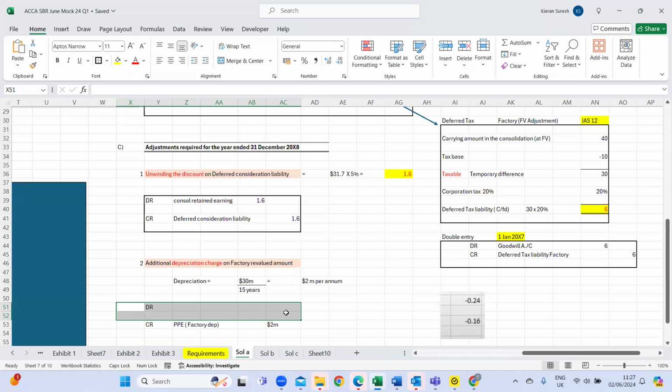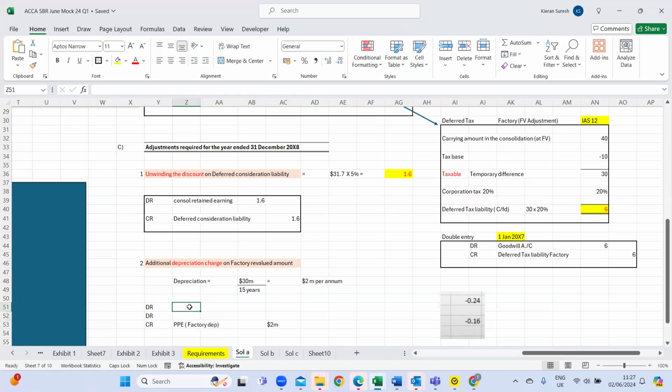Yes, the parent also needs to suffer the loss, because the parent has 60% of the shares of this company. At the same time, NCI would also have to suffer it, because this 2 million would be charged against the subsidiary's profit figures, which would be reduced by the extra depreciation charge. So instead of one debit line, who are we going to charge?